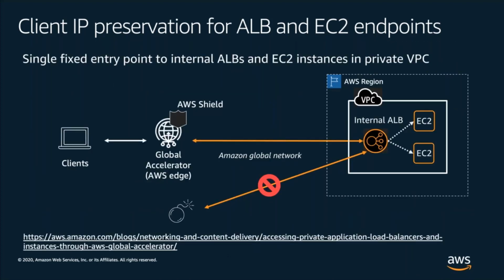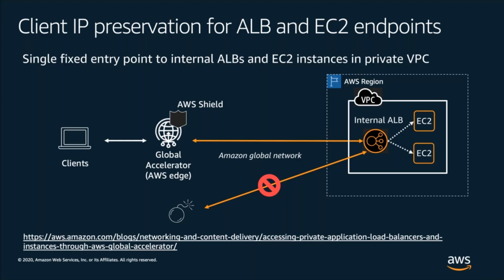So one of the benefits of this feature is that you can put both internal ALBs and private EC2 instances in your private VPC behind Global Accelerator without having to expose them, without having to associate public IPs to them. So Global Accelerator becomes the fixed entry point for your internet traffic going to the load balancers and EC2 instances.